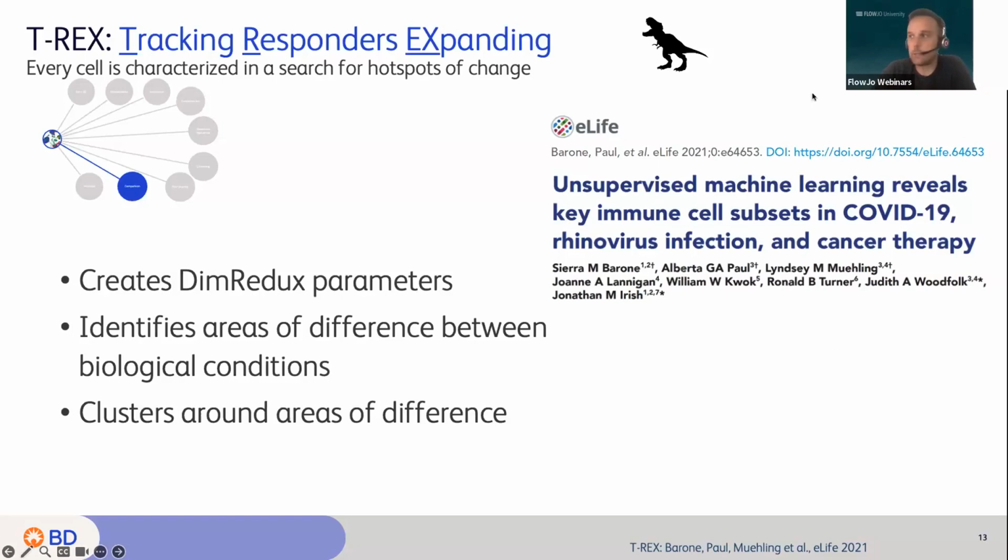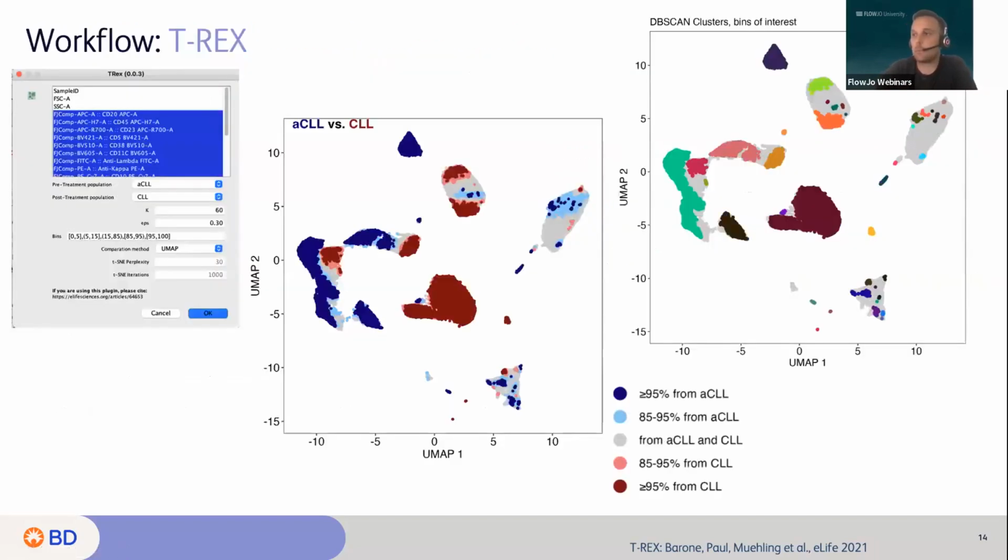It has been part of this publication from Jonathan Irish's lab, "Supervised by machine learning revealed key immune cell subset in COVID." I urge you to read the paper if you want to know more, but I'm going to try to explain during this talk how T-Rex works.